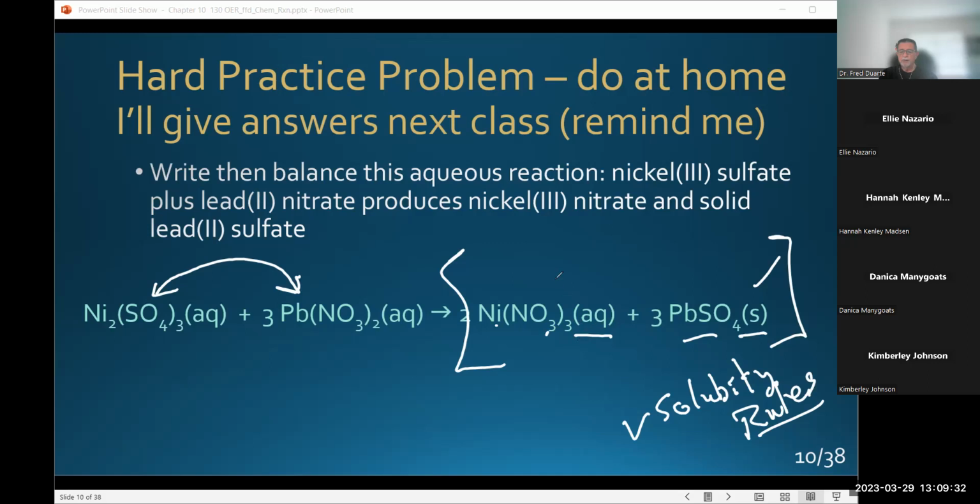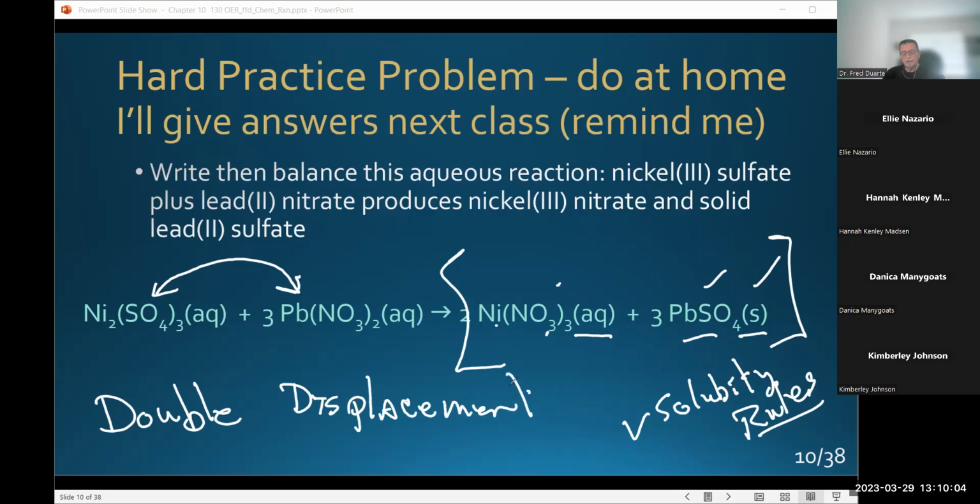So we put AQ. So they remain in solution 100%. Because lead sulfate, based on the solubility rules, is insoluble, that precipitated and became a solid material that fell to the bottom of the beaker if you're working with a beaker. Okay, so that indicates a positive reaction. We call this an example of a double displacement reaction.